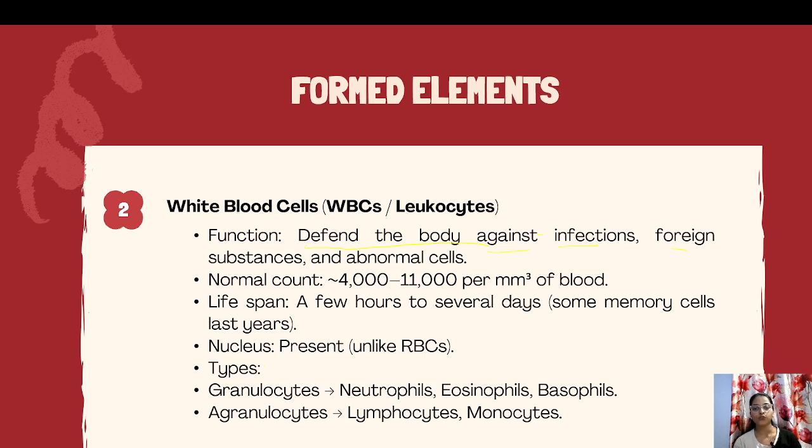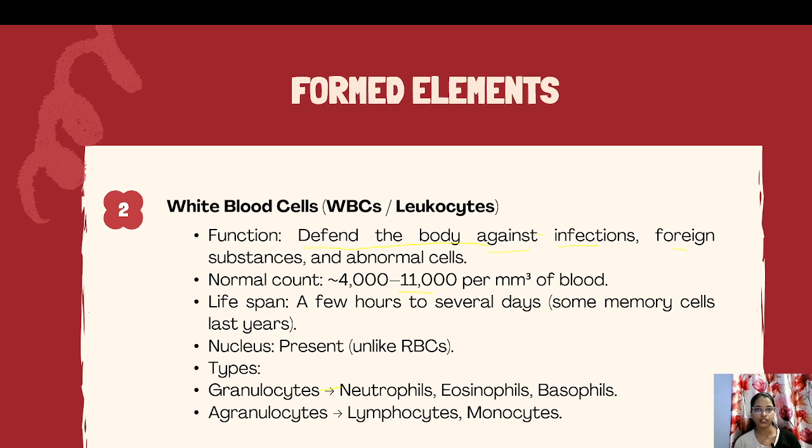Okay, now what is the normal count of WBC? It is 4,000 to and the lifespan of WBC is about a few hours to several days, and this lifespan can be years for some memory cells.